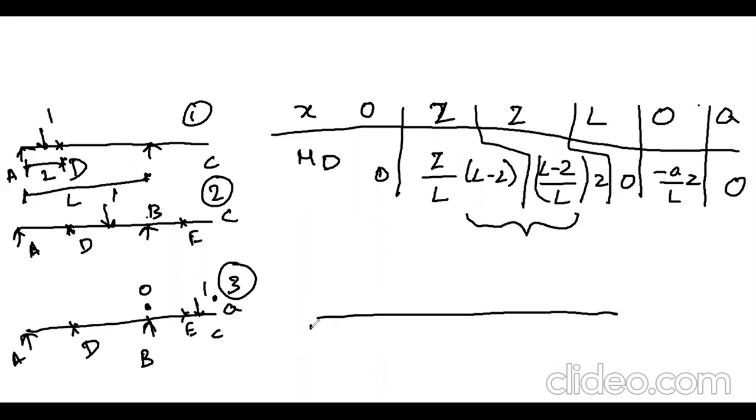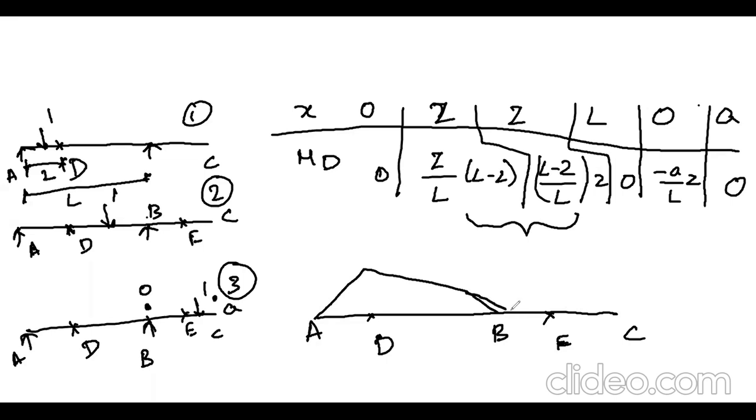Now you plot these points first in the beam. This is A, this is B, this is C. Here is your point D and here is your point E. So this is 0. Here only you are getting the maximum value. Here it is 0. Even at the point B also it is 0.